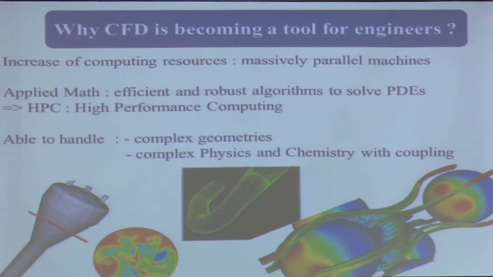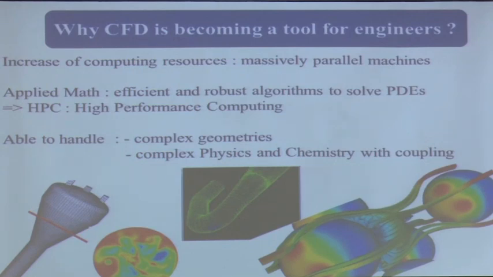It means that when you run the code, it's not going to run on just the processor of my laptop, but it's going to be spread over many processors that work together to give you the solution very quickly. But to do that, you cannot stay just a fluid mechanicist or just a physicist.